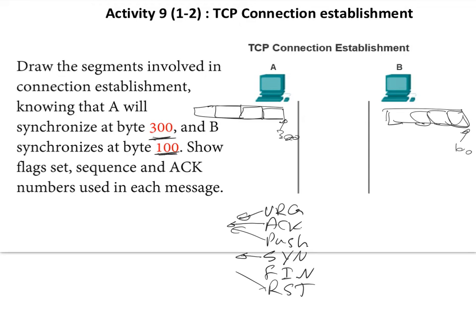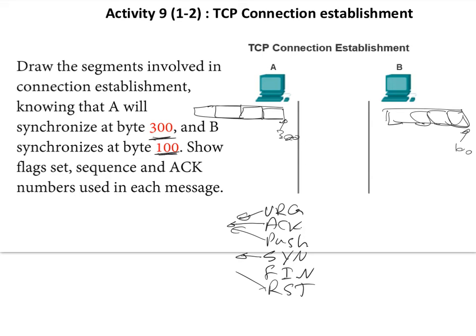And these numbers are not correlated. They don't have to match. Because remember that this is bi-directional communication. A wants to send to B some messages, and B wants to send to A some messages. Okay? These messages are correlated in the application layer.